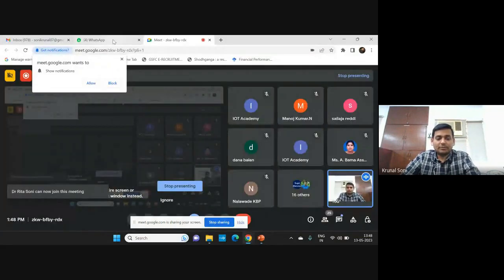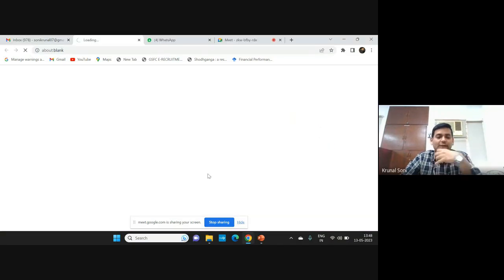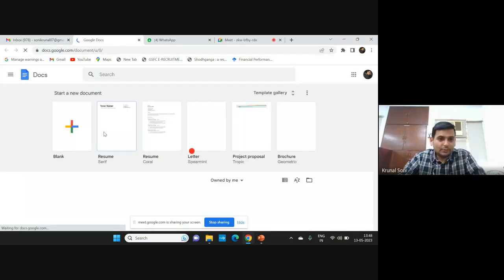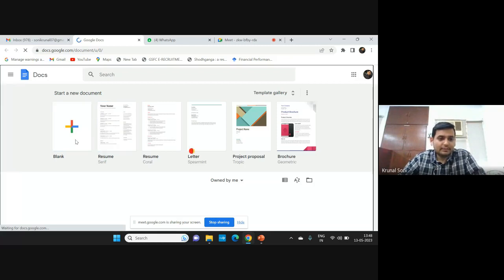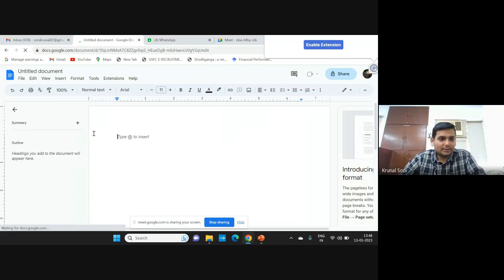So this is Google Docs. If you go into Google Docs and you want to write, you can speak and you can write, right? So these are the facilities which are available in Google Docs.